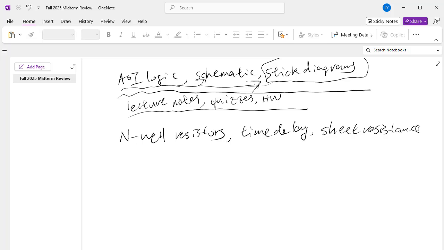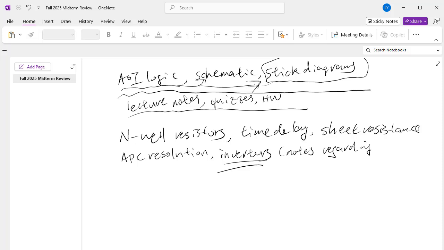ADC resolution, and inverters. Okay, so for inverters, review the notes regarding the switching point.